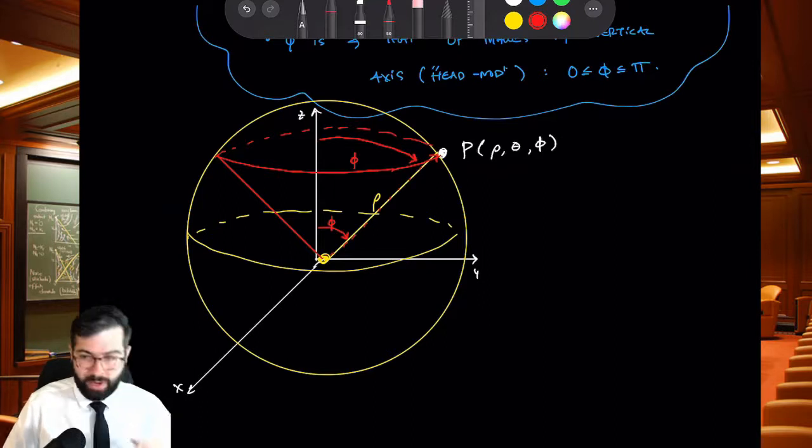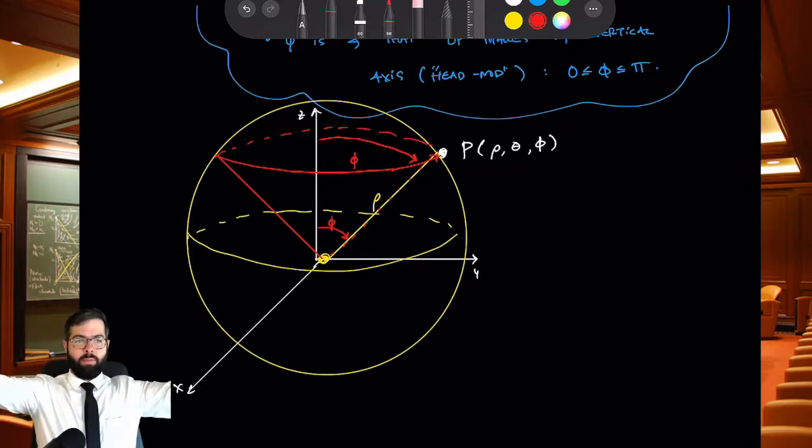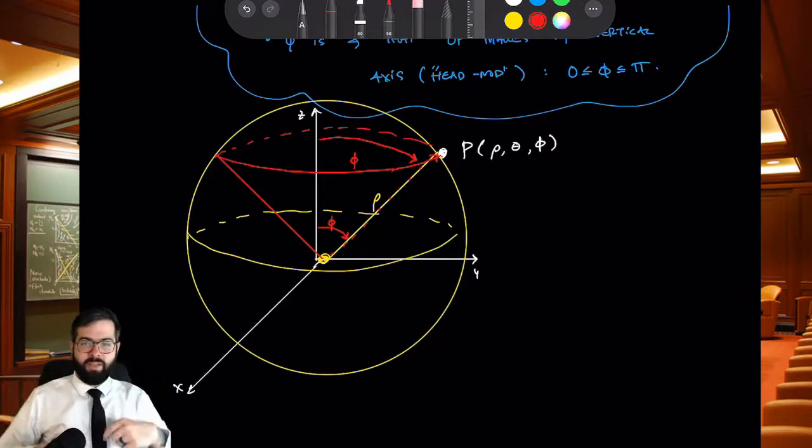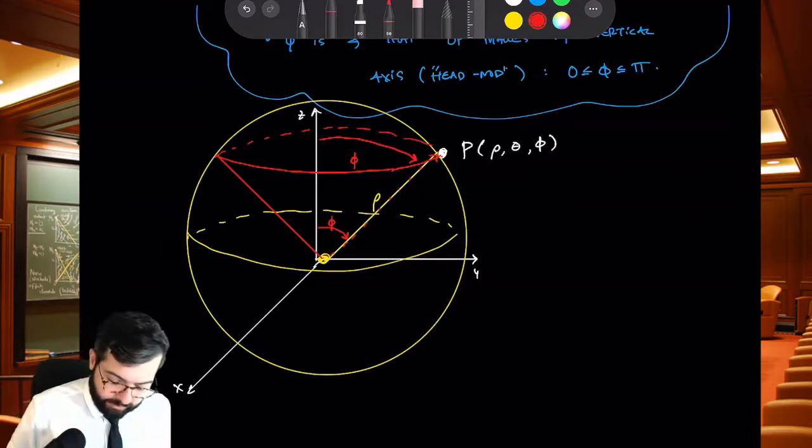So that's rho outward, the spherical distance out, emanating from the start of the sphere to wherever it is. How far down or up from the vertical axis is phi, and then how far do I spin around my vertical axis this way? That's theta.